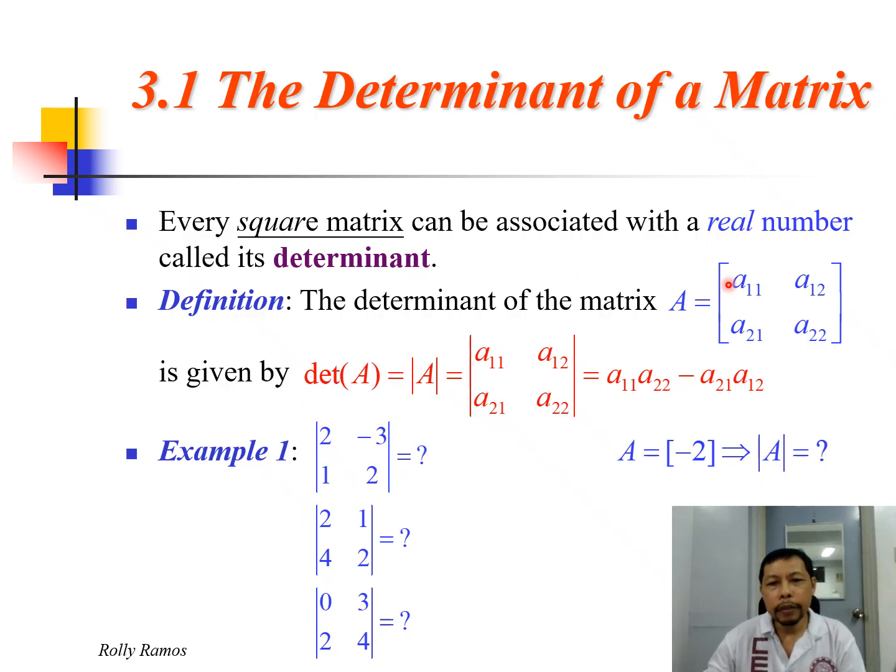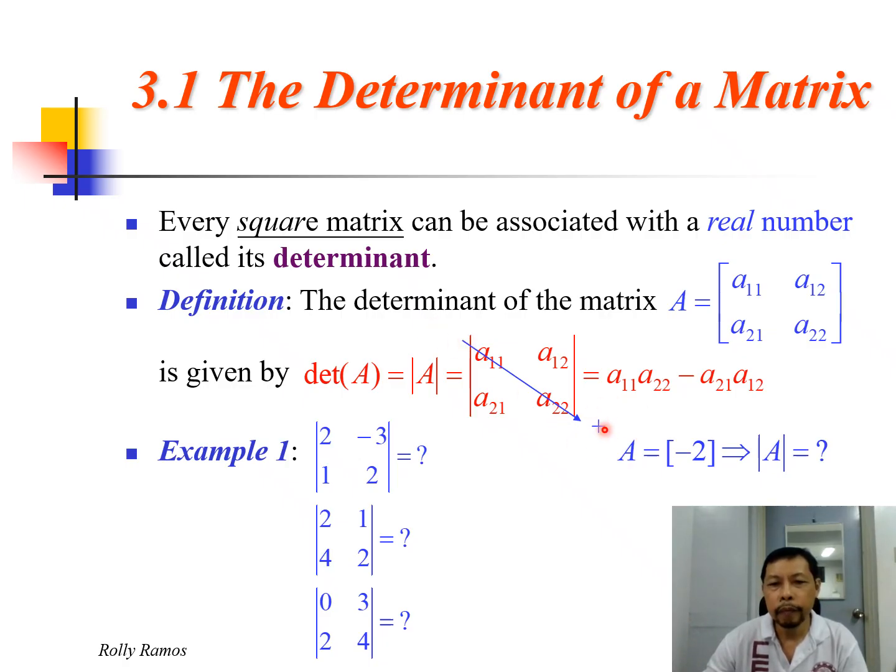For a 2 by 2 matrix, the determinant is given by this equation, which is simply obtained by multiplying the elements in the main diagonal of the matrix. So the first term, A11 A22, is obtained by multiplying the elements in this diagonal, and it is taken to be positive.